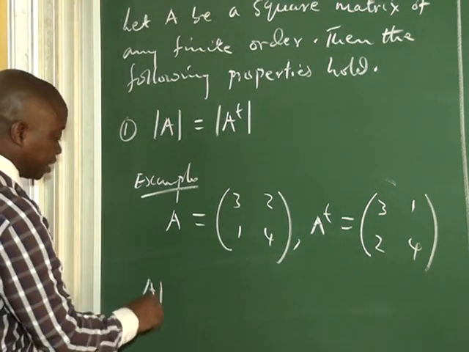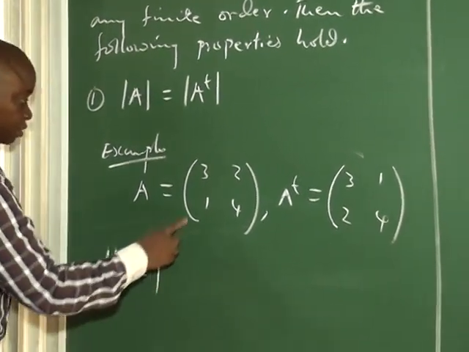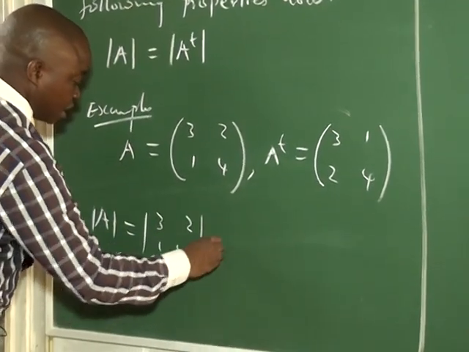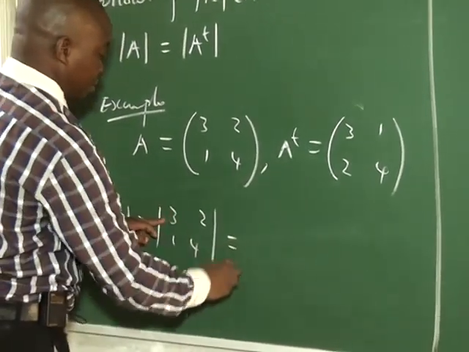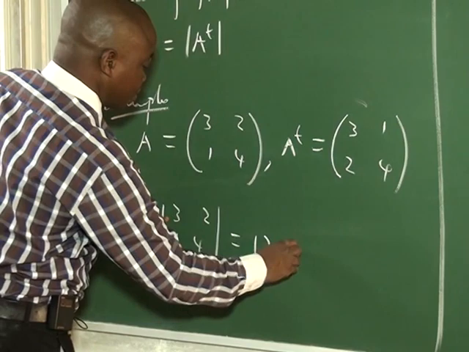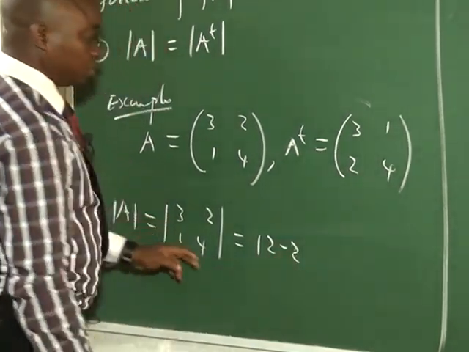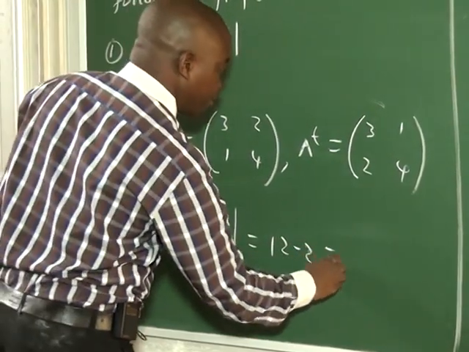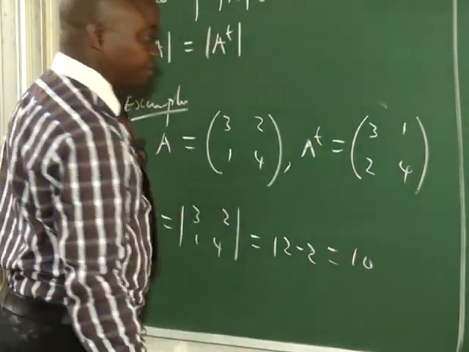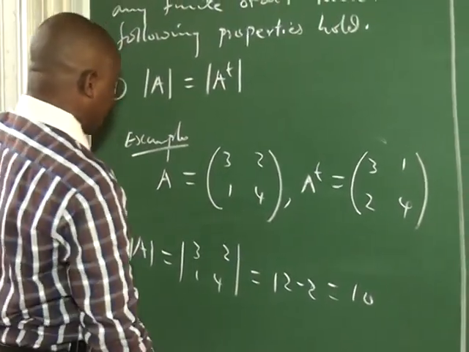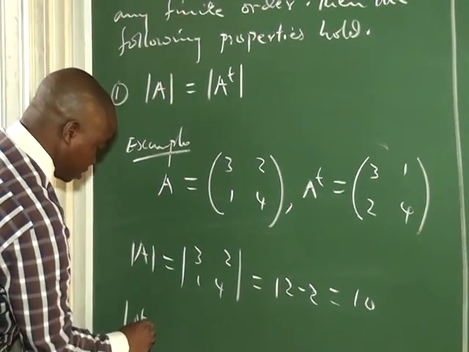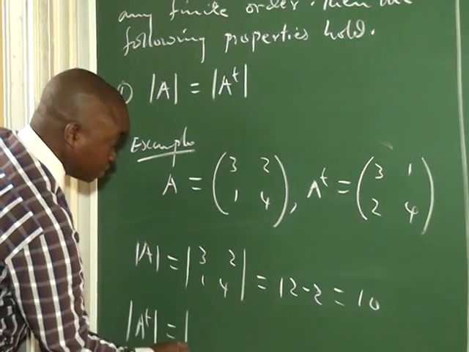Now, if I find the determinant of A, you know that it is 3, 2, 1, 4, and that will give me 12 minus 2. This times this minus this times this, and that gives me what? 10. All right, let's also look at the determinant of A transpose.